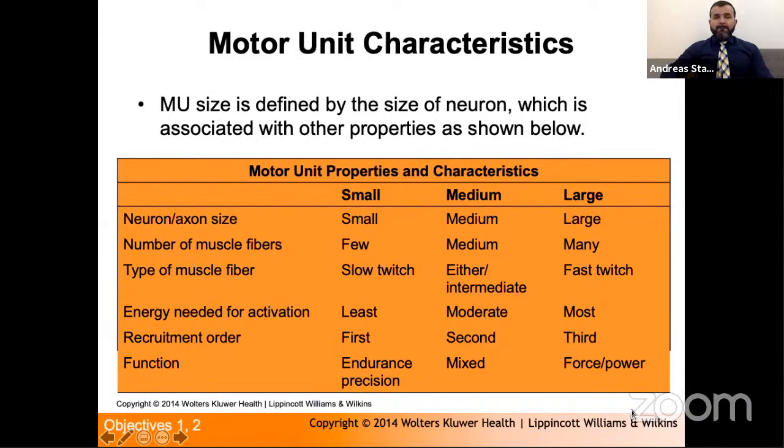So you see, based on size, the characteristics of MUs and motor neurons, and concerning, for example, recruitment order, first we will recruit the slow twitch, and then the intermediate, and then the fast twitch, because it's a matter of threshold. First of all, we will recruit the lower threshold, and then if we need more and more and more. Okay?